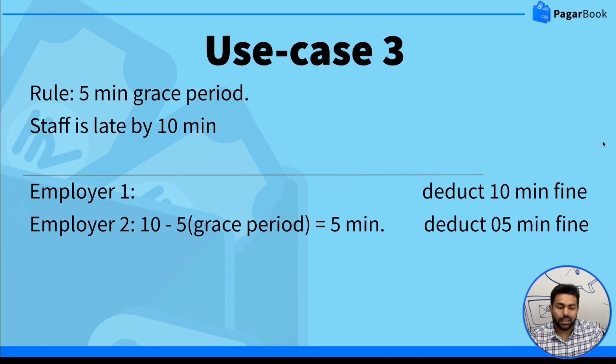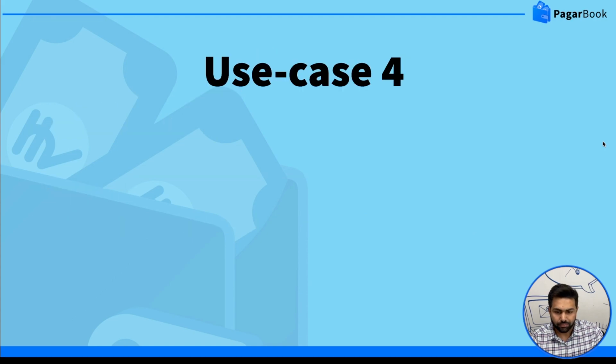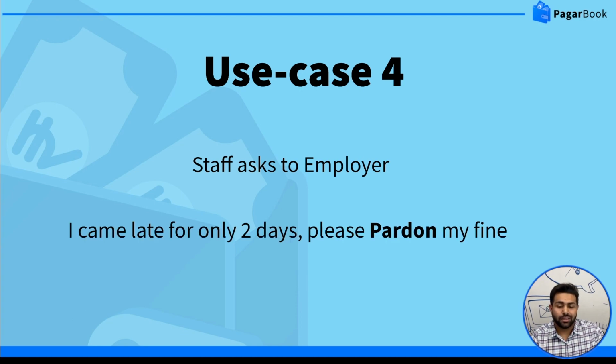Now we will understand a different use case. Use case 4, where staff goes to employer and asks, "Sir, I am late only for 2 days. Please pardon my fine."